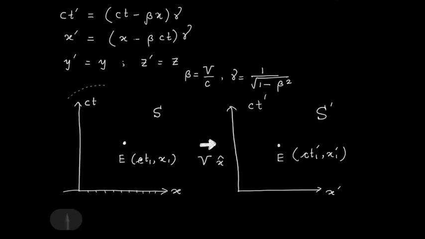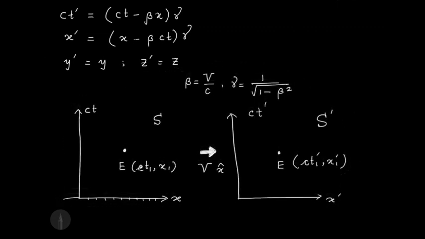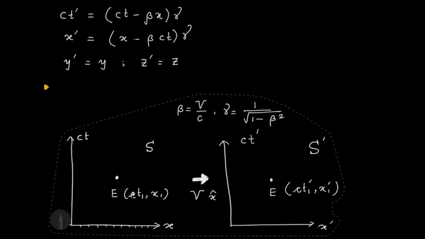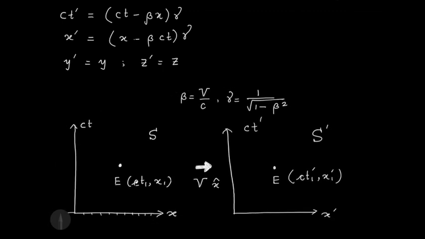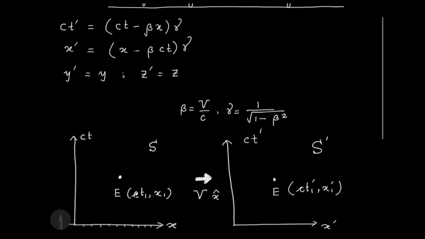Let me keep things a little more organized, so I'll bring this down a little bit more. Okay. Now, you may ask the question, okay, so this is t prime, x prime, y prime, and z prime, in terms of, on the right hand side, I have t, x, y, z.